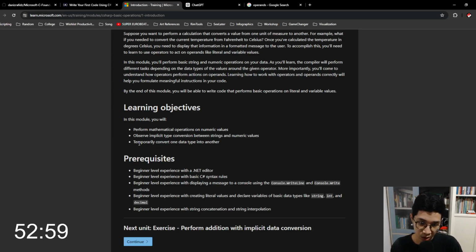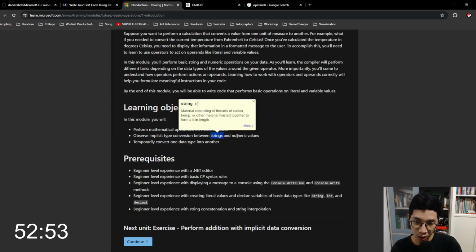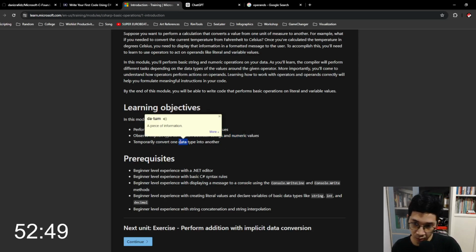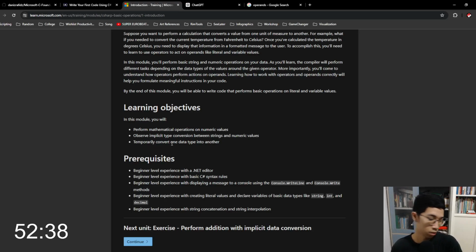The third point is temporarily converting one data type into another. So not just string into integer, but also boolean to string, string to boolean, integer to float, float to integer, string to char, and so on.